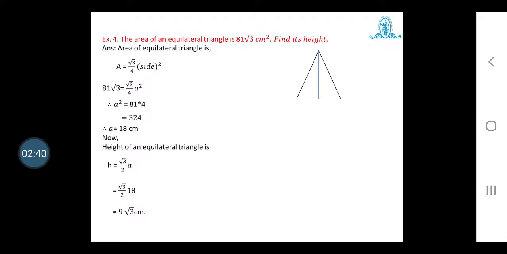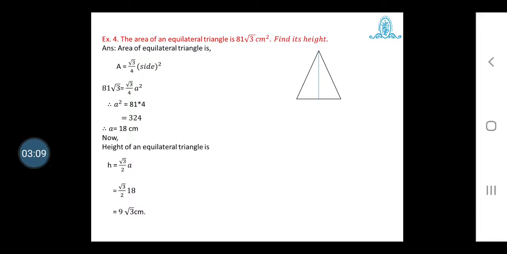So, 81 into 4 is 324. 4 ones are 4 and 4 eights are 32. So, the value of a square is equal to 324. After taking positive square root on both sides, we get the value of side a equal to 18 centimeter.